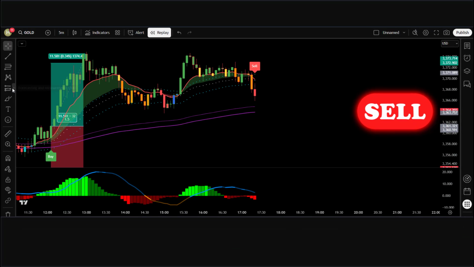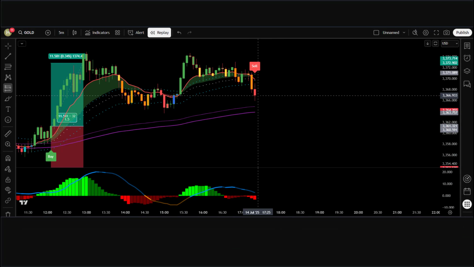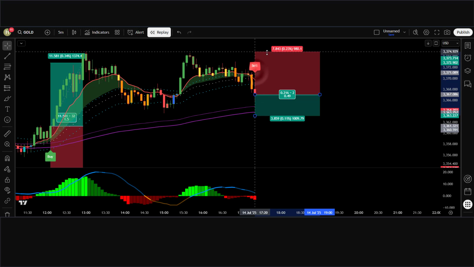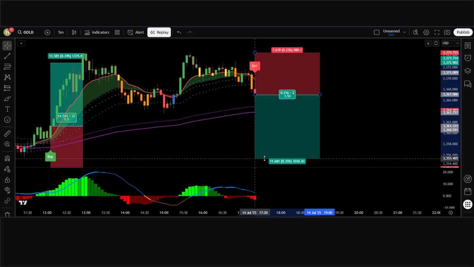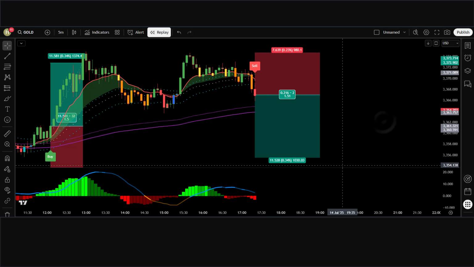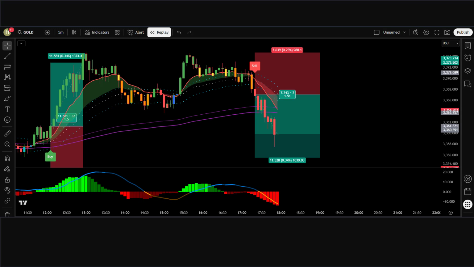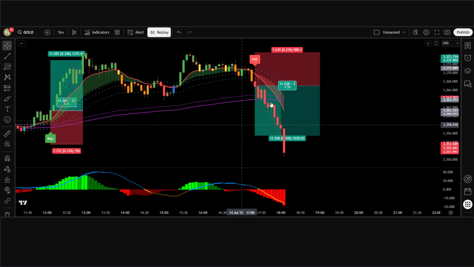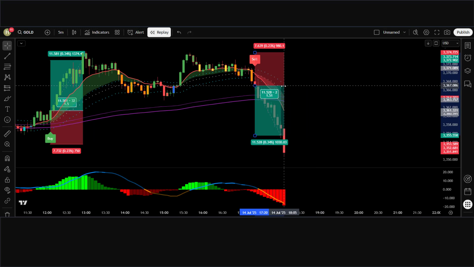If this condition is fulfilled, then we will place a sell order. Our stop loss will be placed at the current market's higher level, and the risk to reward ratio will be 1:1.5. The market has completely hit the target.